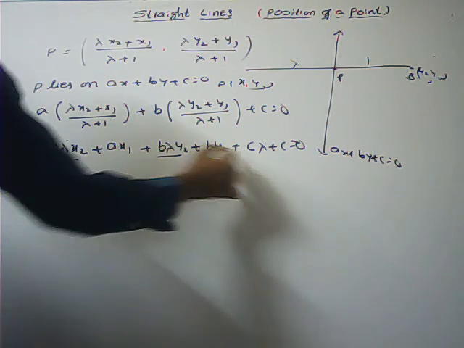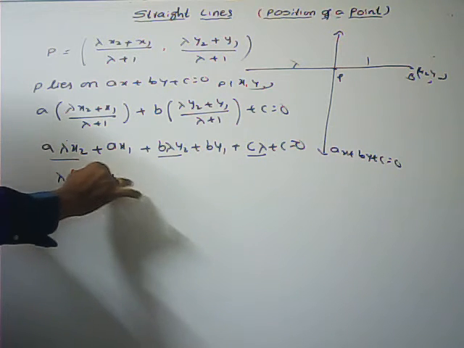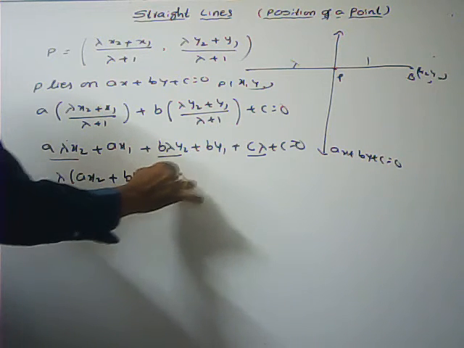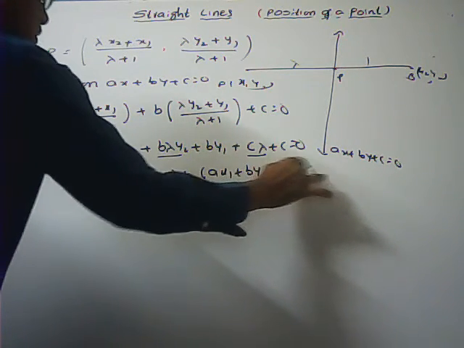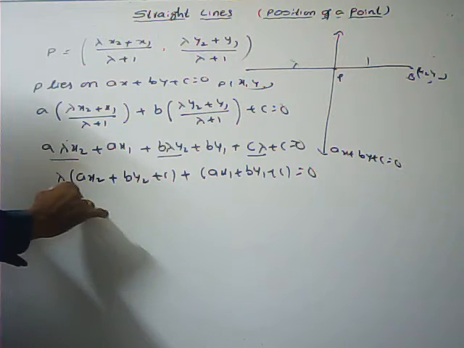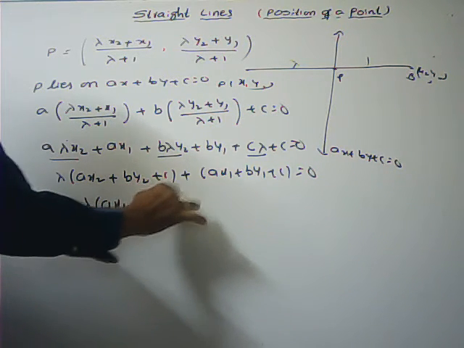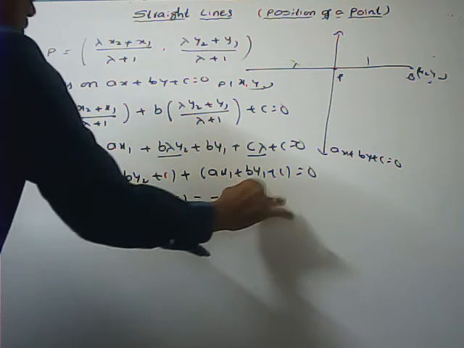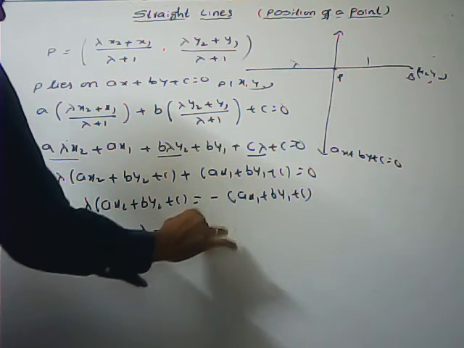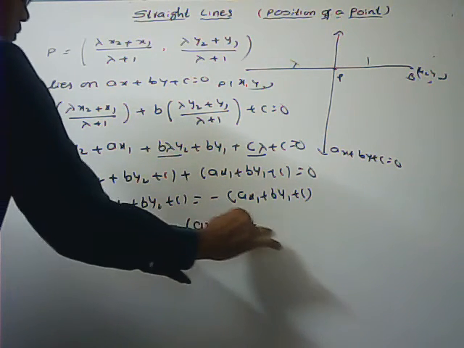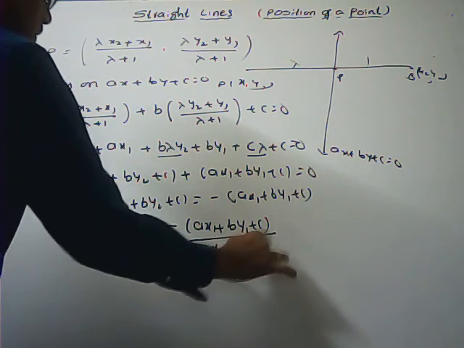So from these terms I am taking lambda common: lambda into ax2 plus by2 plus c, plus the rest of the terms, ax1 plus by1 plus c, equals 0. So lambda into ax2 plus by2 plus c is equal to minus of ax1 plus by1 plus c. Lambda is equal to minus of ax1 plus by1 plus c by ax2 plus by2 plus c.